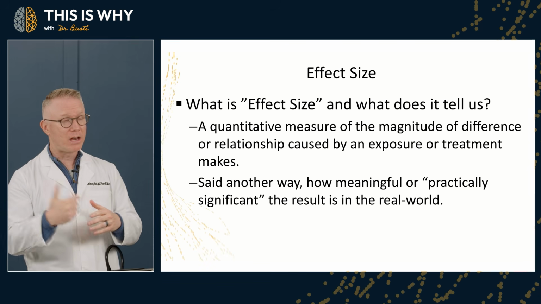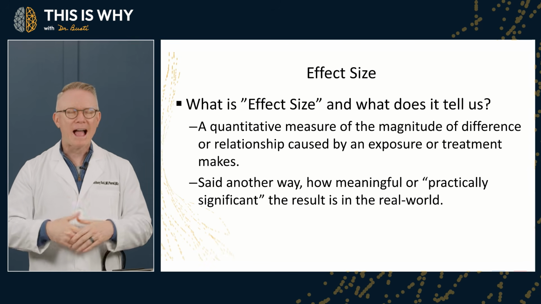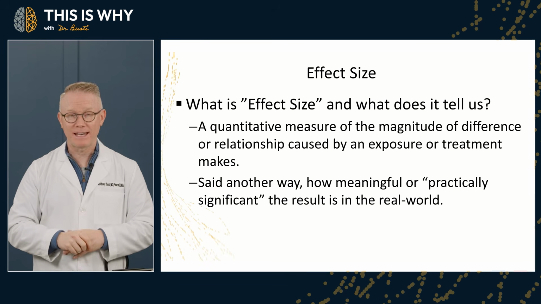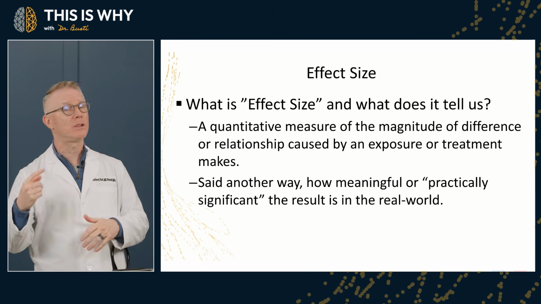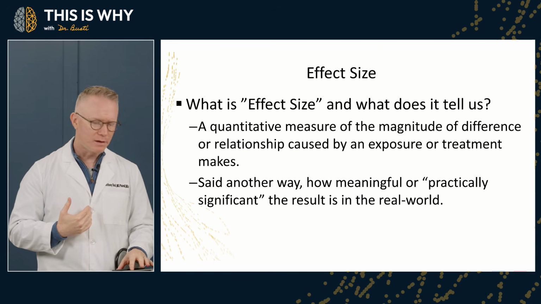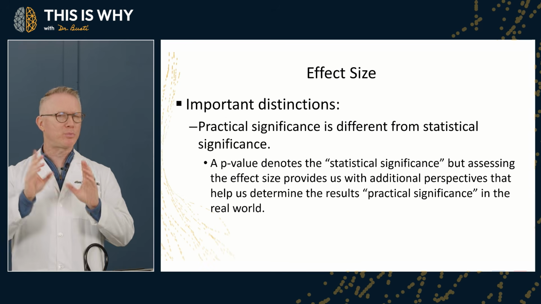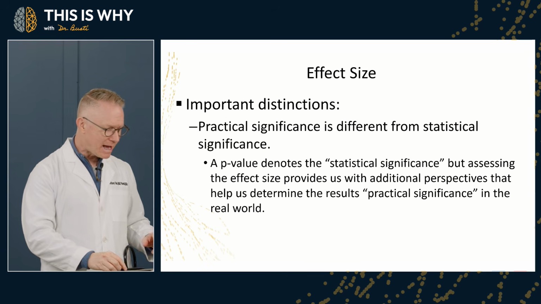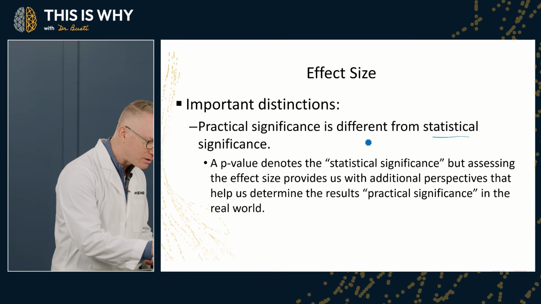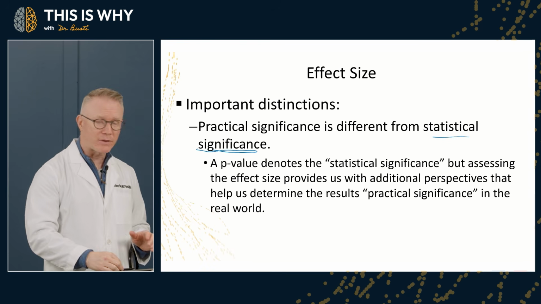We can say it kind of another way. How meaningful or practically significant are the results in the real world? Because that's what we care about, isn't it? So let's talk a moment about practical significance and its difference from statistical significance, okay?